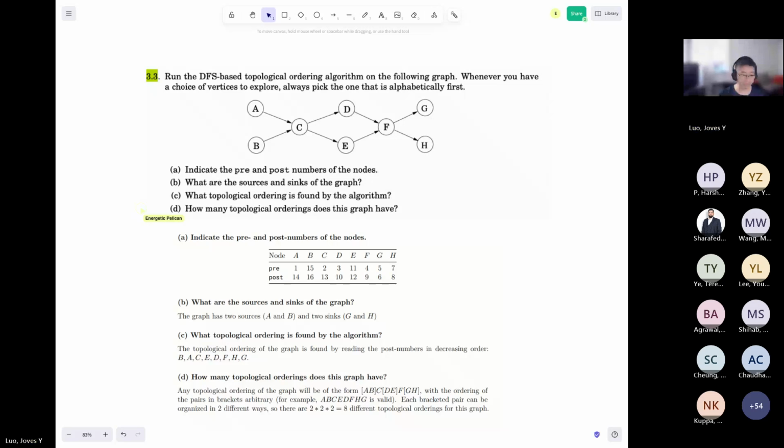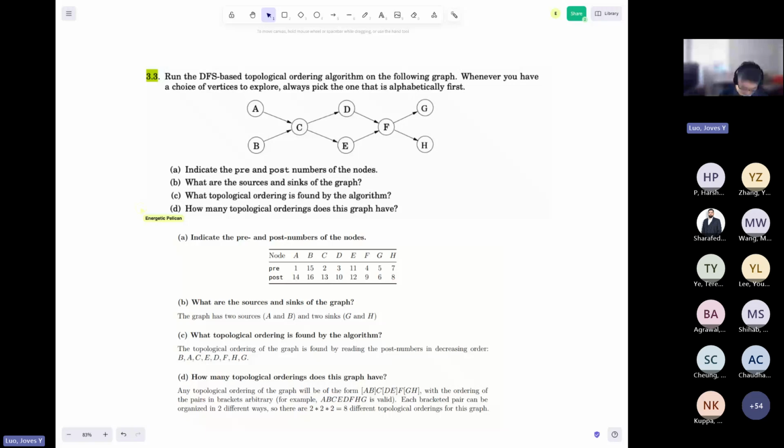When you come out of it, when you say, okay, I'm done exploring this vertex, when you leave it, that is your post number. Right now we can either start with A or B, but because we are looking for alphabetically first, we're going to go with A.